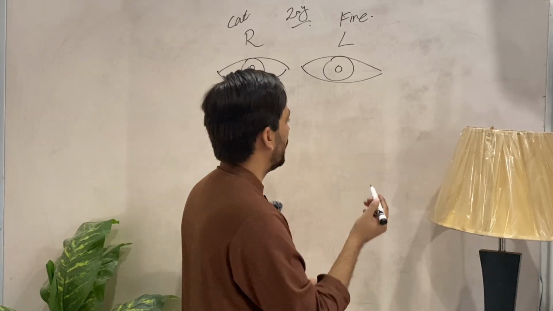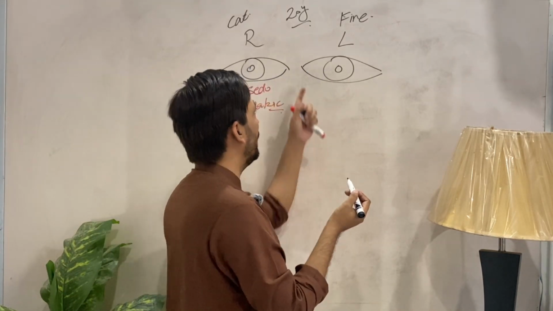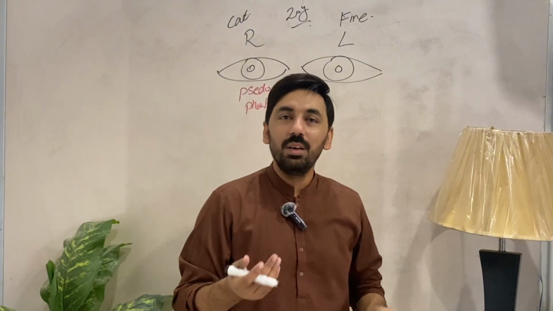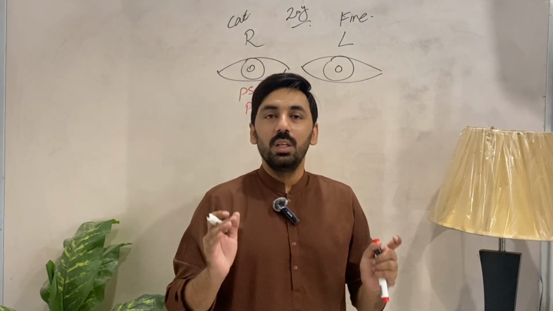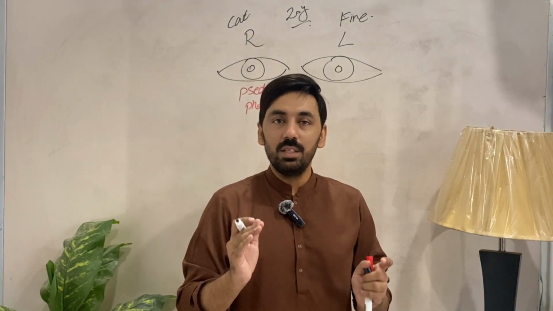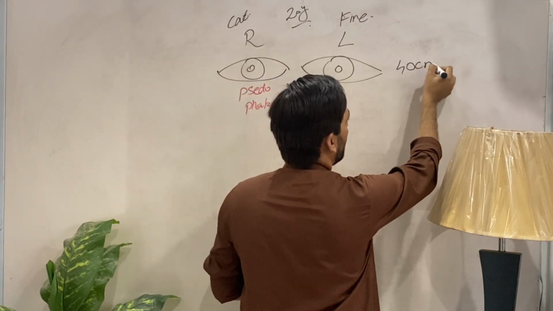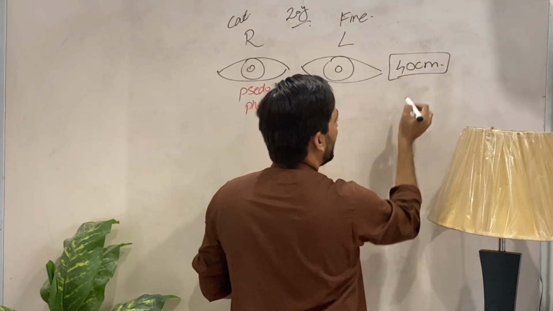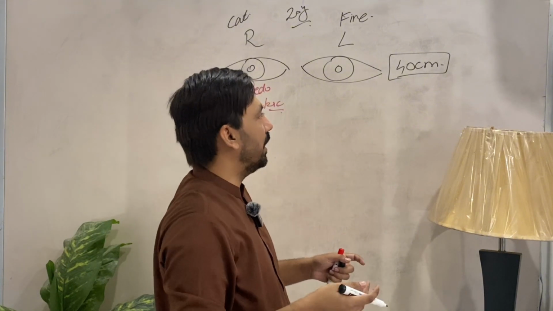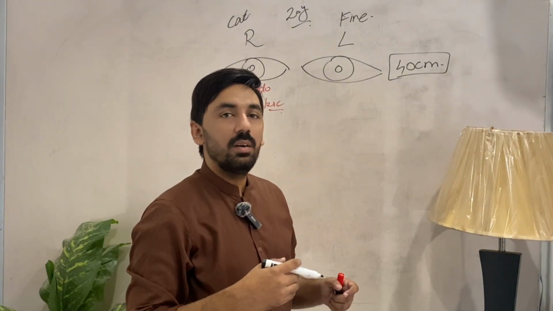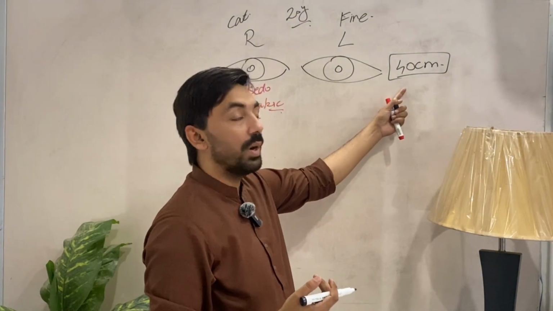So for example, you know very well that at 20 years of age, 30 years of age or 35 years of age, the normal working distance is approximately 40 centimeters. If the working distance is 40 centimeters, we can calculate the addition with the help of this working distance.